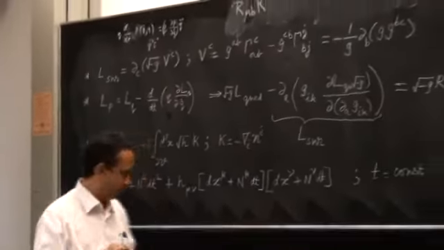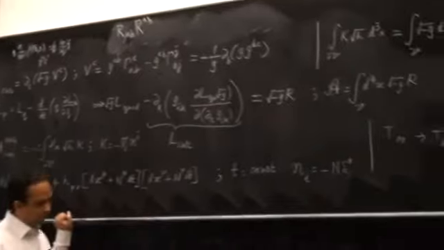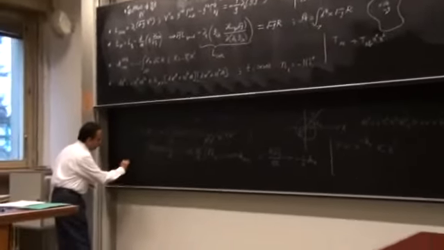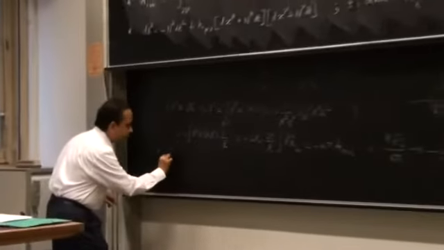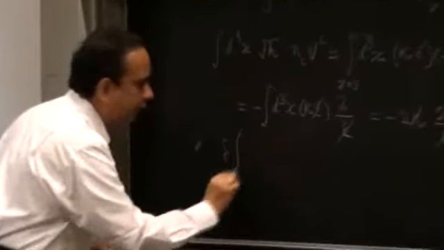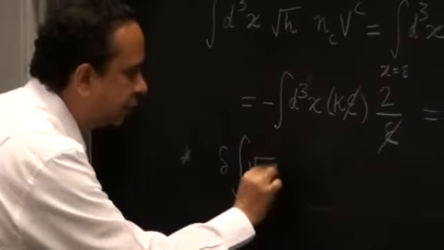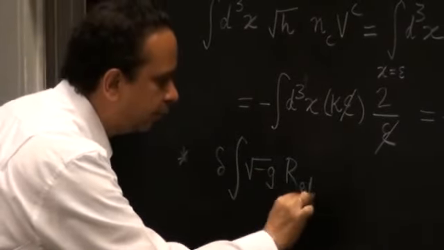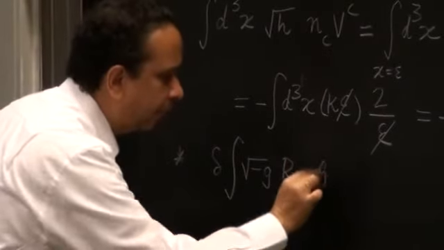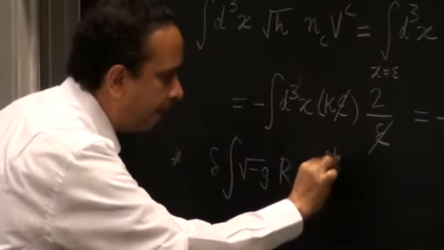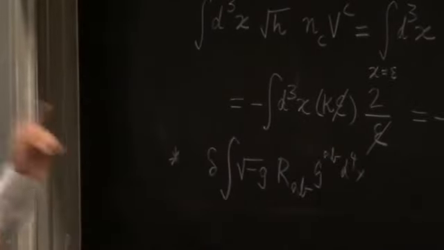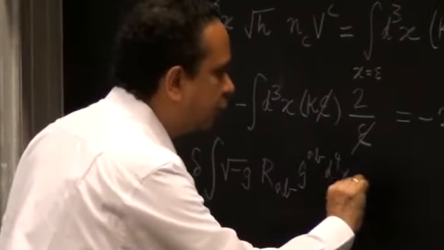This point is important, so let me actually show it to you the way the textbooks would derive it. In the textbook derivation, what one would be doing is to take this expression, R_AB g^AB root minus g d4x, and vary this. When you vary that, you will pick up 2 terms.